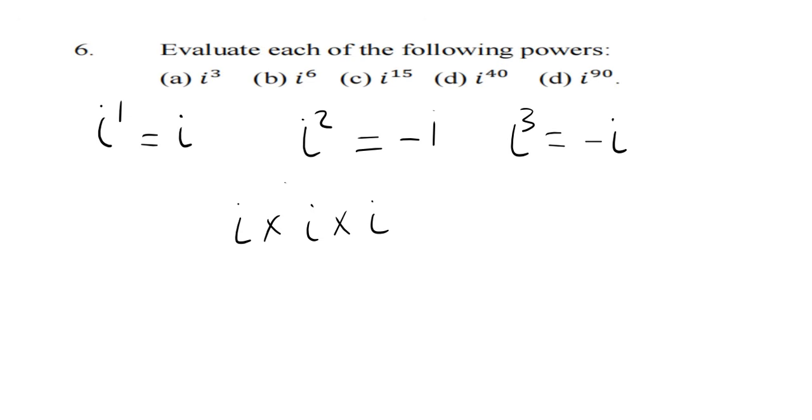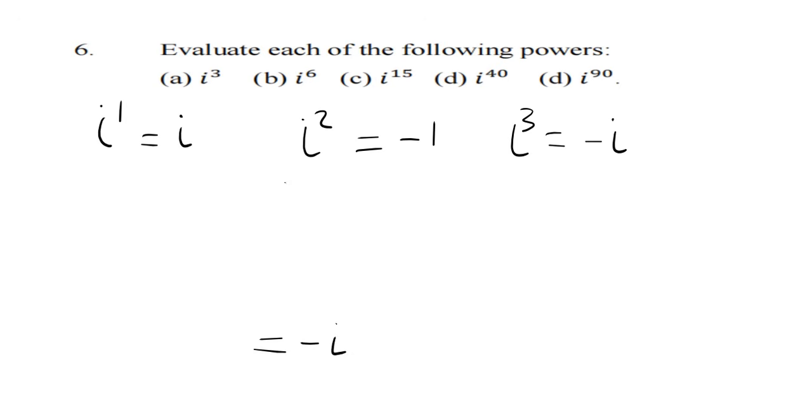I squared gives us a -1. So we're going to have -1 multiplied by I. Now -1 multiplied by I will just give us -I. That's why I'm saying I to the power 3 is equal to -I.